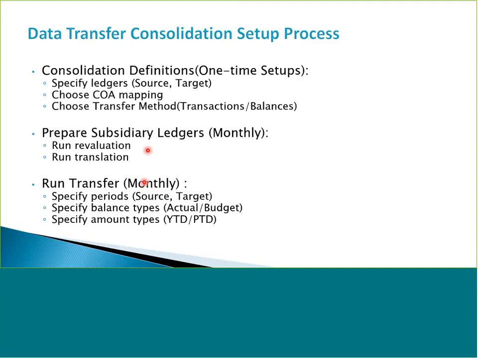If, for example, your subsidiary ledger uses periods which are months, but your parent ledger uses weekly or quarterly periods, then you have to specify how the periods from the source will map to the periods in the target, which is the parent ledger.